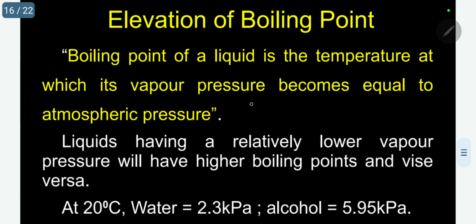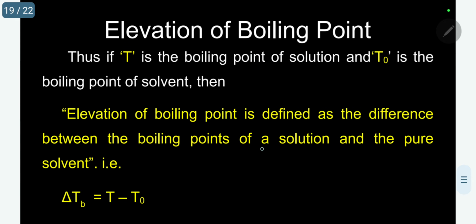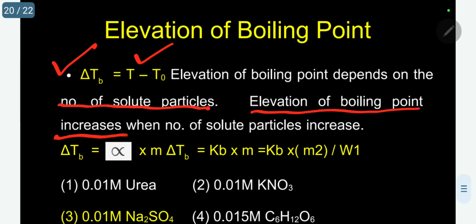I have already discussed the theory, so I am neglecting that. Now you come to our calculation part. Delta Tb equal to T minus T0. Elevation of boiling point depends on the number of solute particles. Elevation of boiling point increases when the number of solute particles increases.